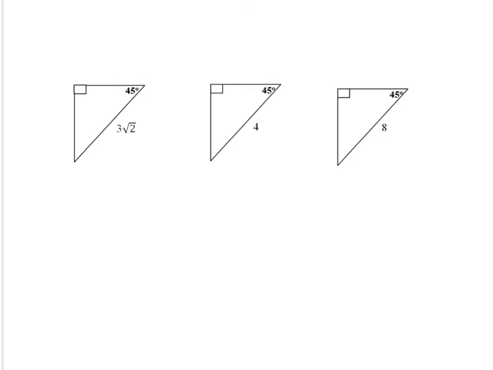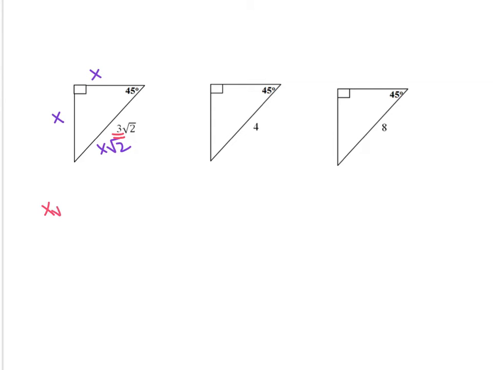All right, here's our last slide of the video and of the chapter. So, label your triangle. Your two legs are x's. Your hypotenuse is an x square root of 2. Put in your equal sign. It's going to go between those.